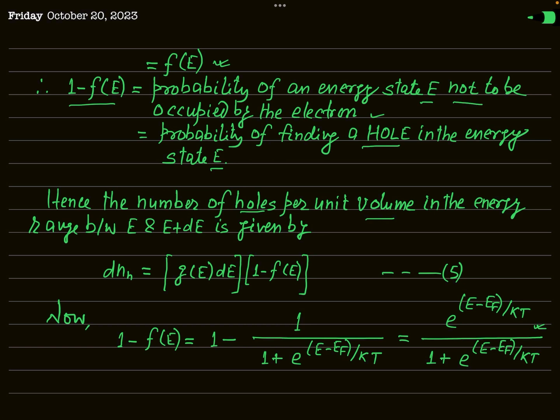And if electron is not in the energy state E, then what is there? In that energy state, actually there is hole, because hole is the vacancy of electron. So these two statements are same.